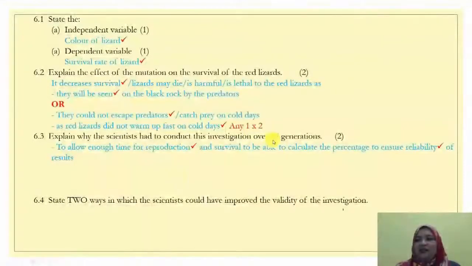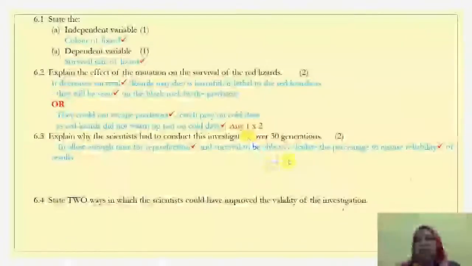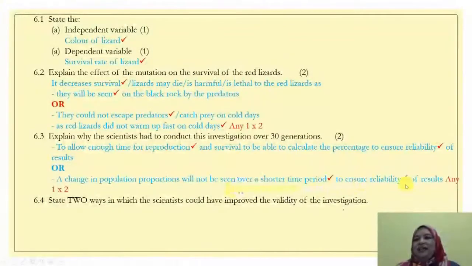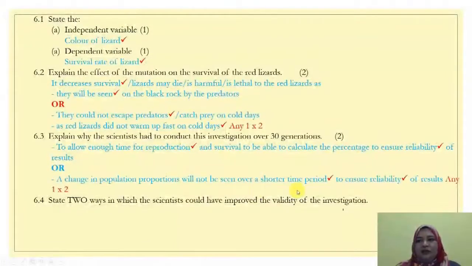So I can't take 2 generations and think, okay, maybe they haven't even had time to find a mate or to procreate. Or, a change in population proportion will not be seen over a short period of time, to ensure reliability. That is the same idea.